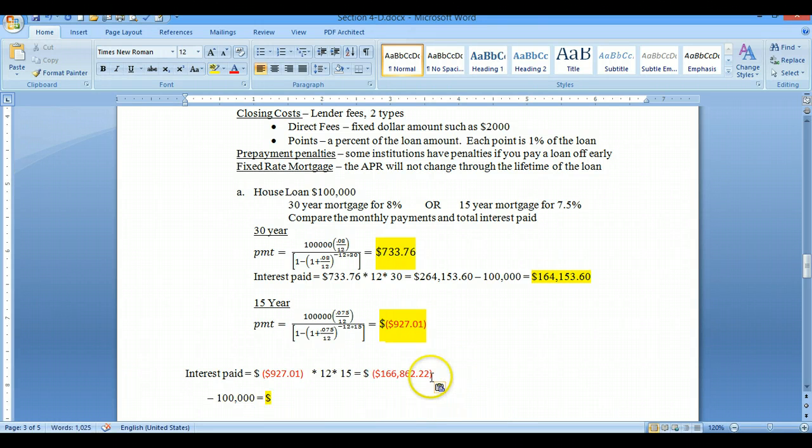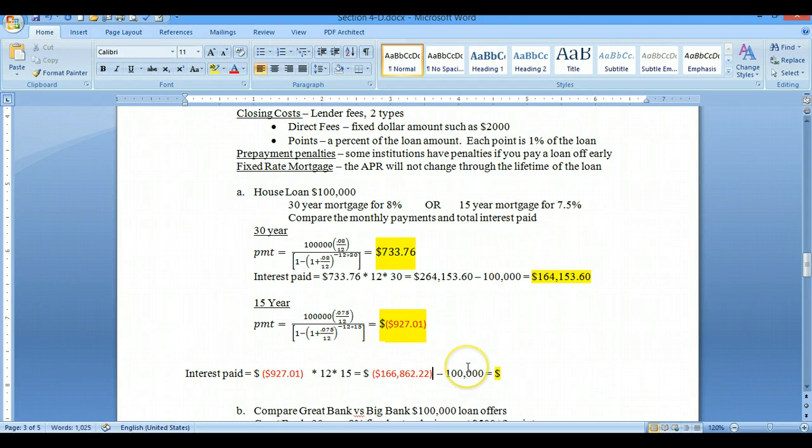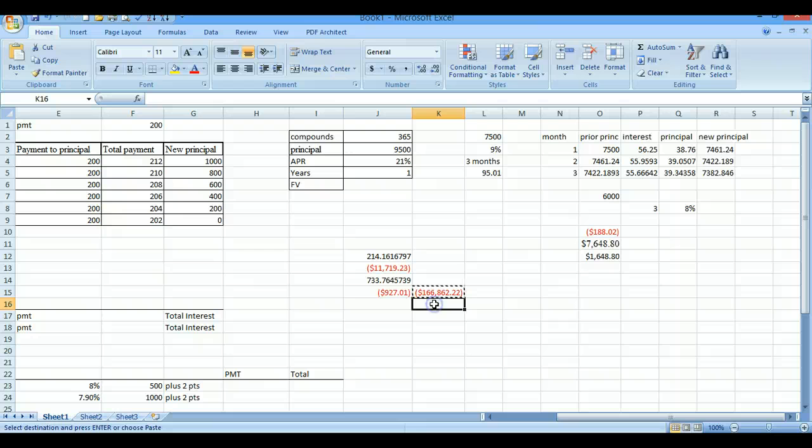Control V. Now I need to subtract the original loan, which was 100,000, and that'll tell me how much interest was paid through the entire loan. So I'm going to press equals. Now notice this is still negative like before. So if I'm going to subtract 100,000 from this, I can't really subtract because subtracting a negative makes it more negative.